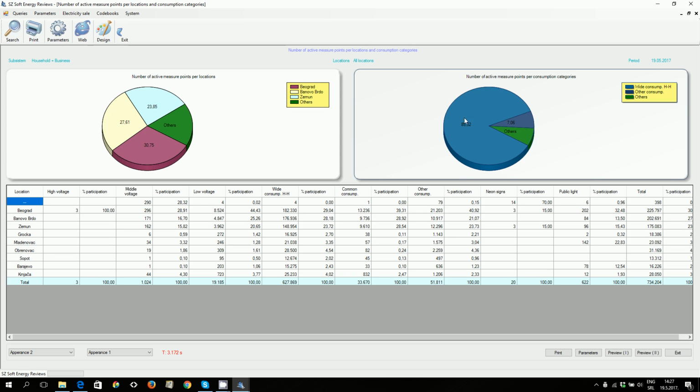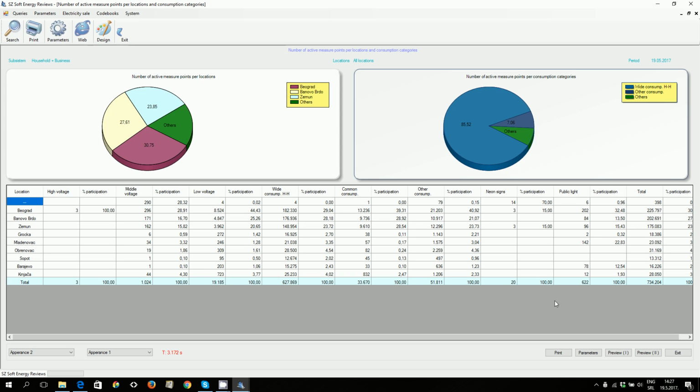Then on the right side we have number of active measuring points per consumption categories, which is also described below. On the left side we have different locations in Belgrade, and on the right we have, for example, options such as middle voltage, low voltage, wide consumption, common consumption, etc.